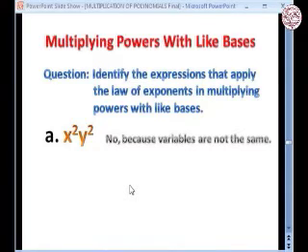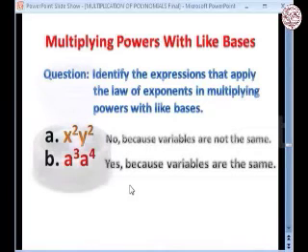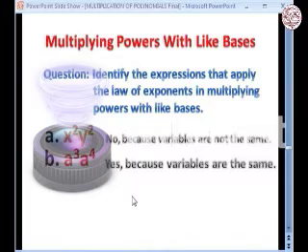Okay? Letter B. A cubed multiplied with a to the 4th. Can we? The answer is yes, because the variables are the same. We have the same variable a and a, right? Letter C. C raised to 5 and C raised to 2.